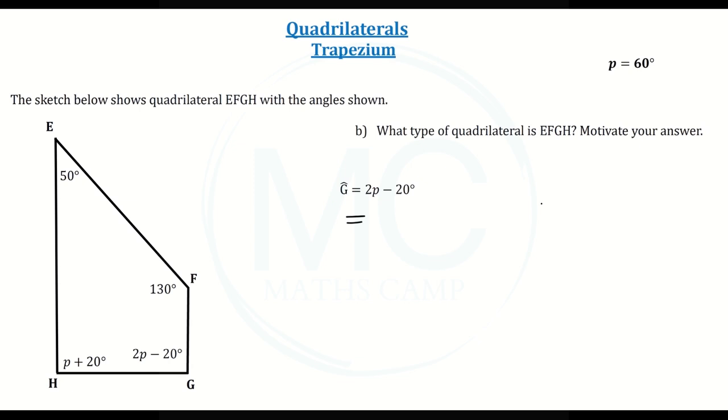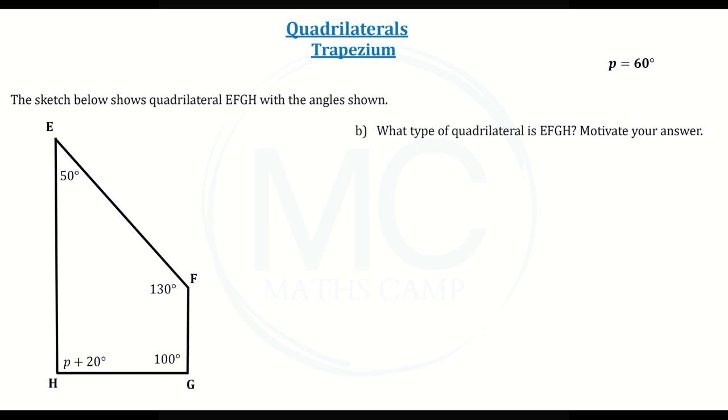P is 60, so this becomes 2 multiplied by 60 degrees minus 20 degrees. 2 multiplied by 60 gives us 120 degrees minus 20 degrees, which leaves us with 100 degrees. Now we can make some space. Let's take out 2P minus 20 degrees and fill in 100 degrees.